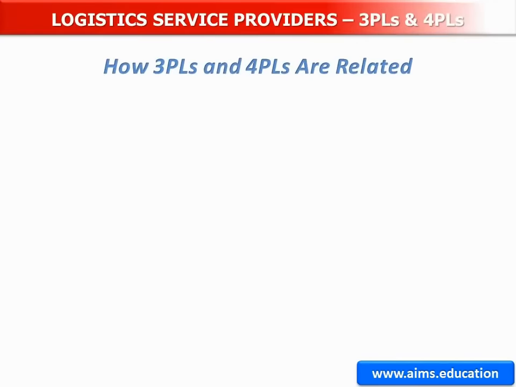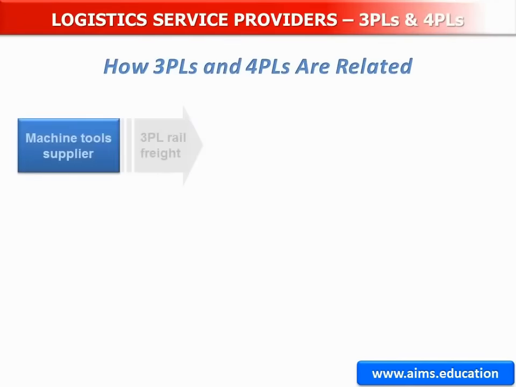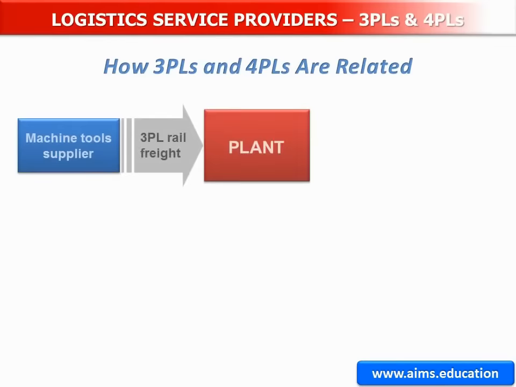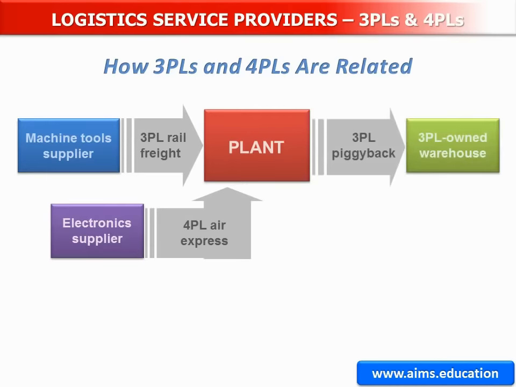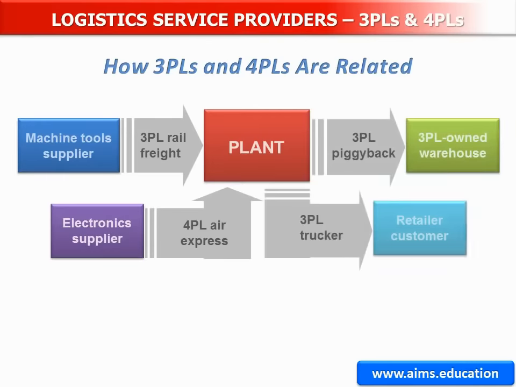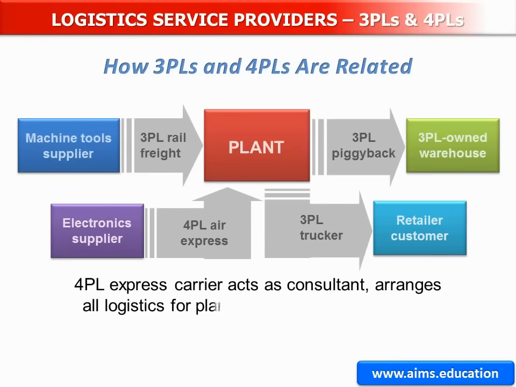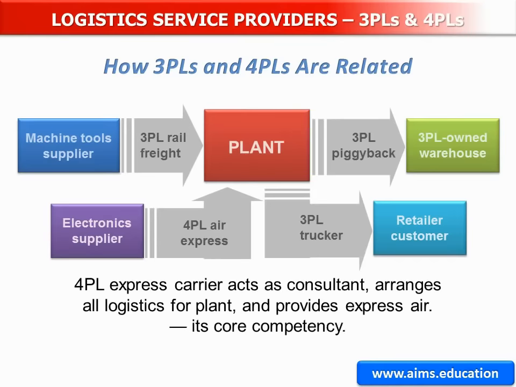In a third-party logistics arrangement, the third party takes over some or all logistics functions and performs them itself. In a fourth-party logistics arrangement, a logistics specialist takes over the entire logistics operation and subcontracts some or all specific functions. Here, the fourth-party logistics express carrier acts as consultant, arranges all logistics for the plant, and provides express air, its core competency.